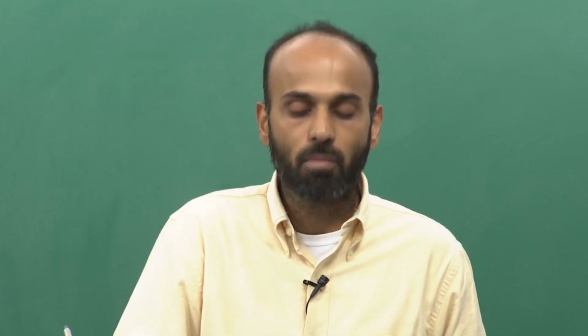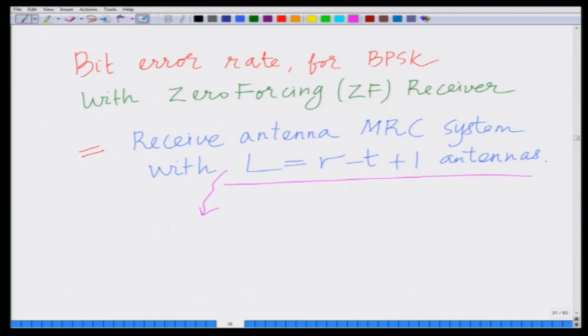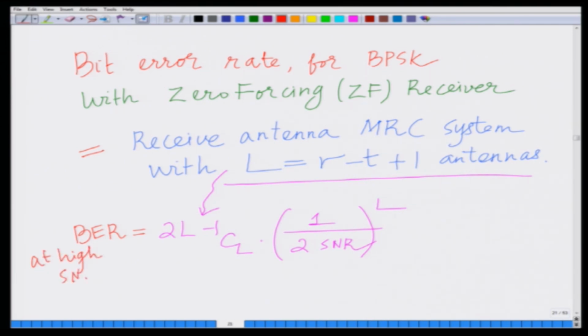And we know the approximate bit error rate expression with maximum ratio combining is 2L minus 1 choose L, times 1 over twice SNR, raised to the power of L. So, this is my expression for bit error rate at high SNR with L equal to R minus T plus 1.